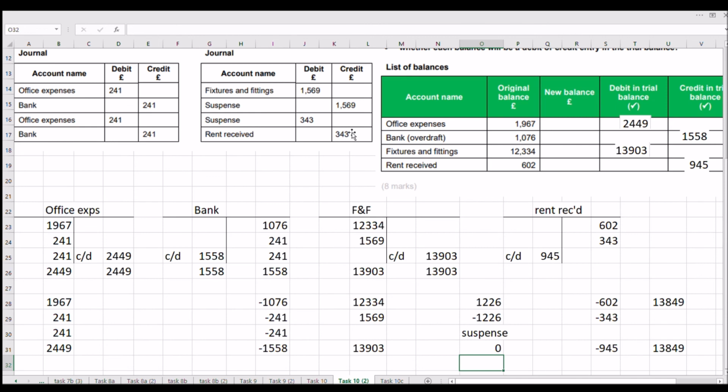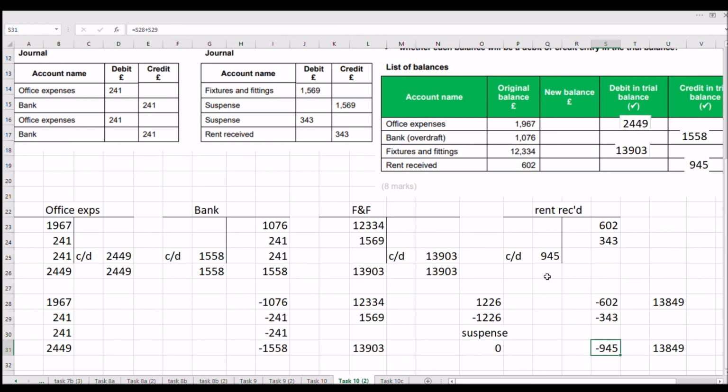I post the credit of the rent received there, and that means that I've got a debit carried down, a credit brought down. So a credit balance there, 945. And again, in accounting convention where credits are minuses, I start off with minus 602. I post a minus 343, and I've got 945 there. So this would be how it would look in a digital accounting system.